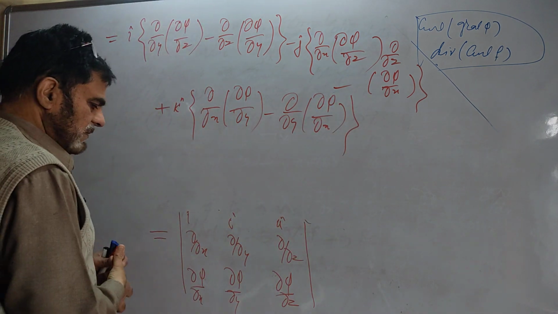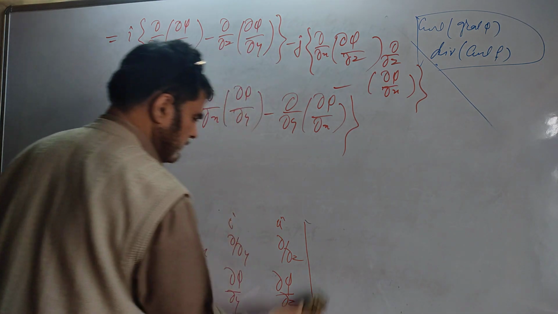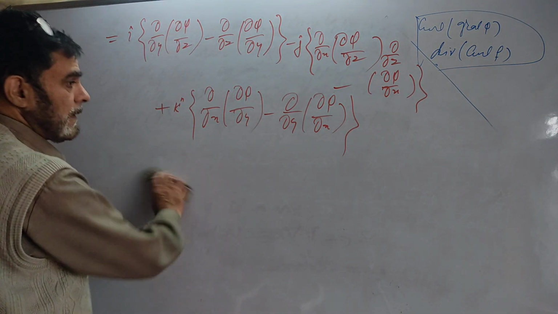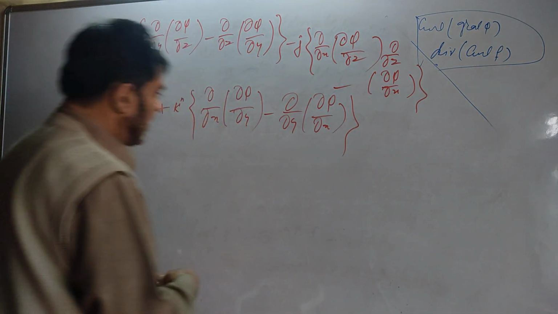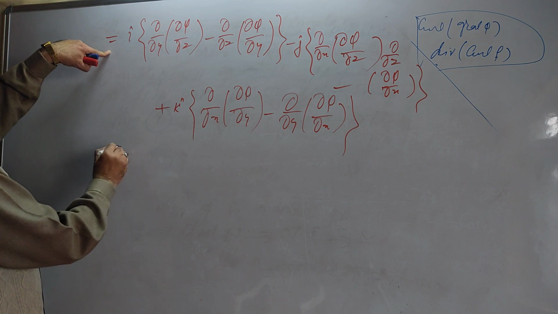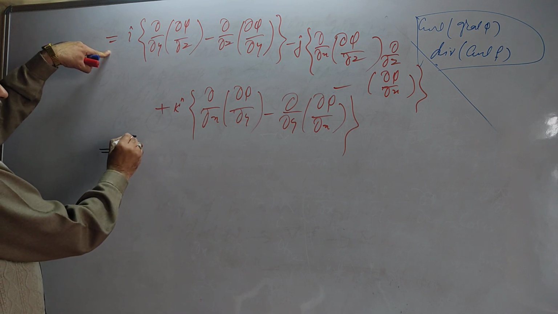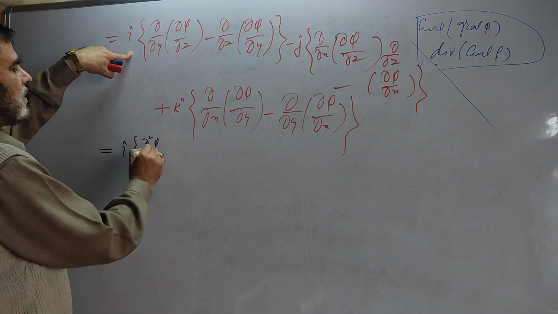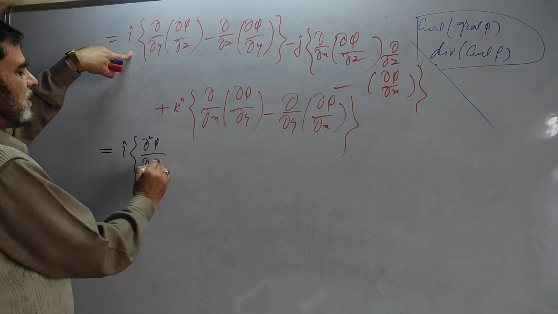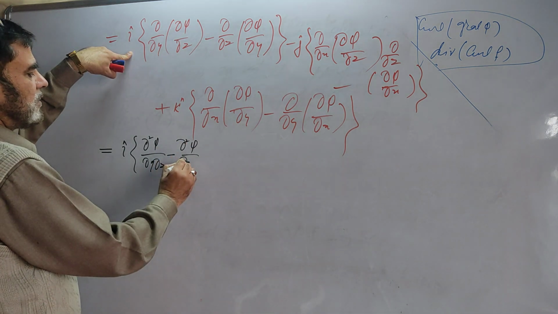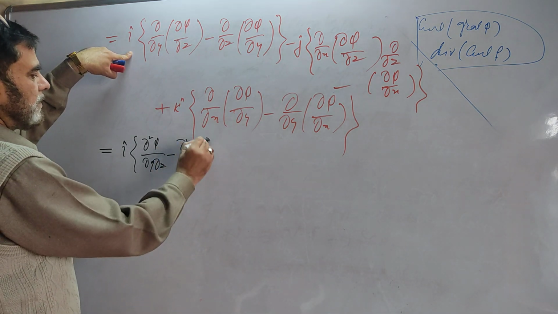Let us simplify this now. This is i times dou 2 phi by dou y dou z minus dou 2 phi by dou z dou y.